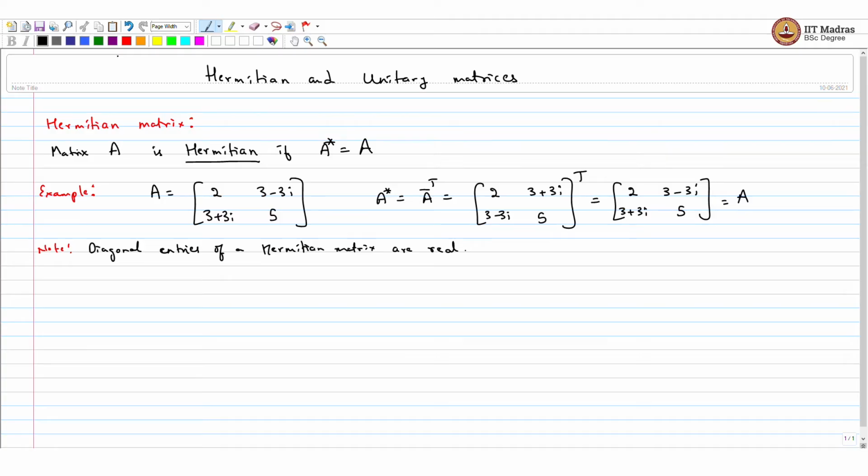Now there are some important properties of Hermitian matrices which we'll look at. Let me state them as a theorem and prove them one by one. Okay, let's call this properties of Hermitian matrices.